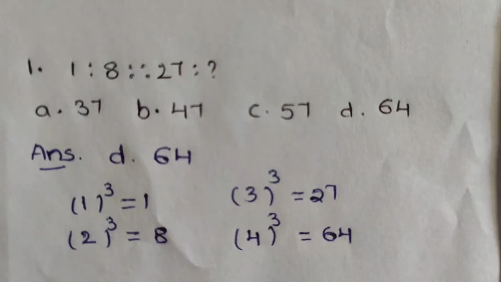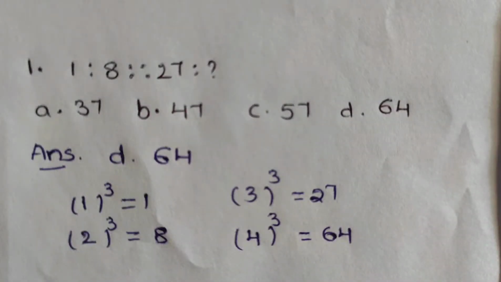So here they have given the cube of a number, and we have to find out the cube of the number that comes in the question mark place. In the first part, they have taken the cube of 1 and 2, which are very common numbers, and in the second part they have given 27, and this 27 is the cube of 3.